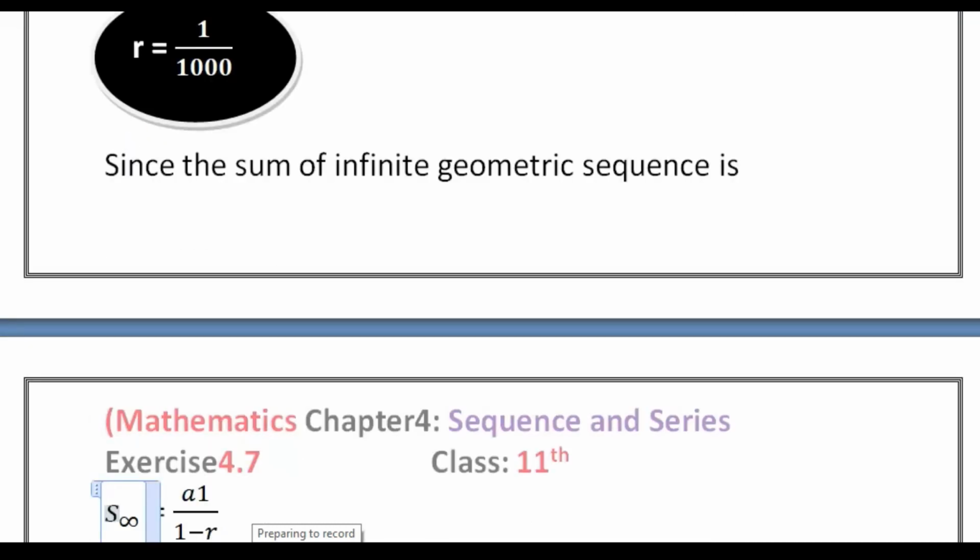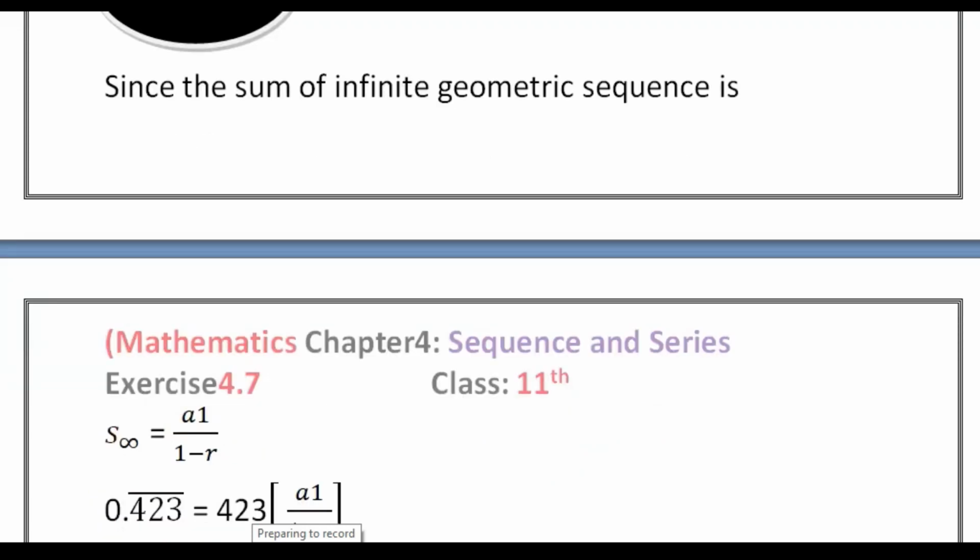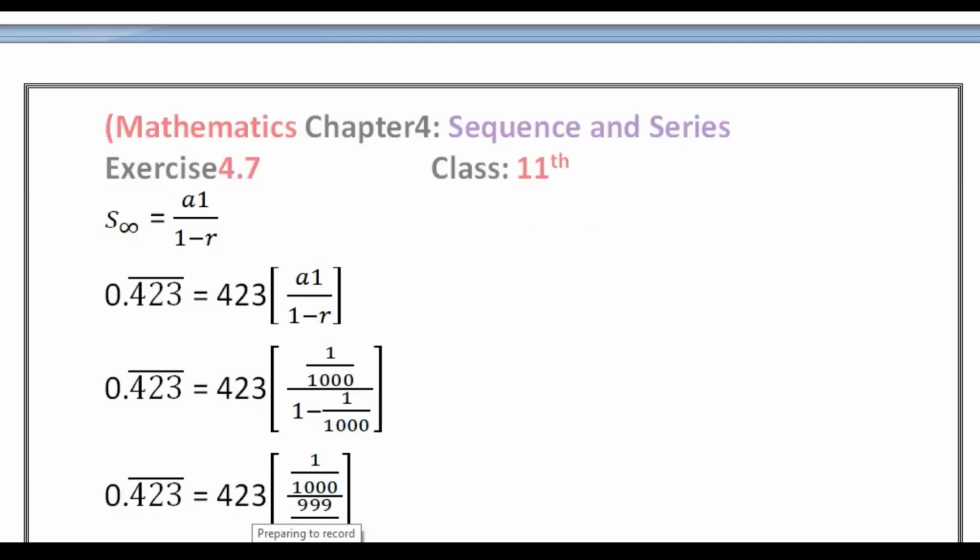Since the sum of an infinite geometric sequence, that is S infinite, is equal to a1 divided by 1 minus r. So the given term, that is 0.423 bar, is equal to 423 into the infinite sum, that is a1 divided by 1 minus r.